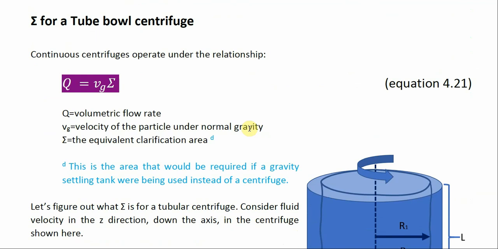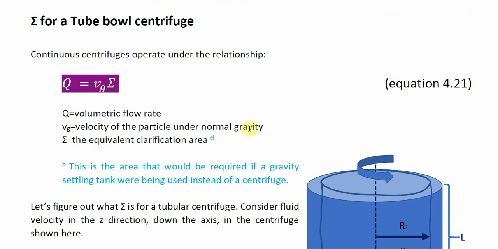Let's consider this term sigma. We're going to talk a lot about sigma for the moment. Now sigma is the equivalent clarification area. So continuous centrifuges operate under the relationship that the volumetric flow rate should equal the velocity of the particle under normal gravity times the equivalent clarification area, sigma.